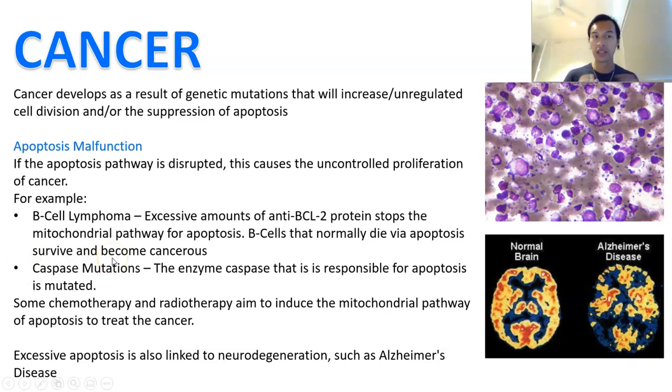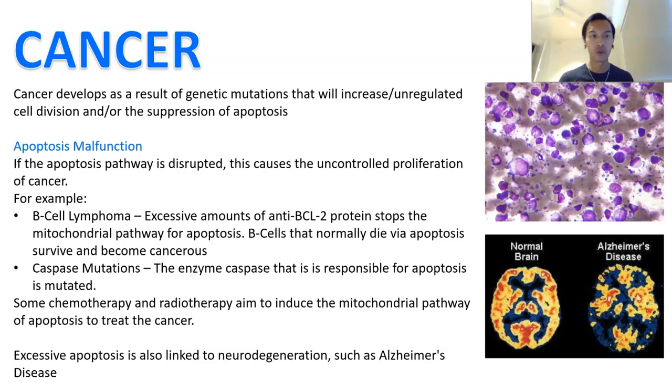Another example that can cause apoptosis malfunctioning is when the enzymes that apoptosis is supposed to release to kill the cell are mutated. So the genes that are responsible for producing these caspases are mutated, meaning these caspase enzymes are not working, and therefore apoptosis doesn't occur because the enzymes are released, but they don't work to kill the cell the way that they're supposed to, right?